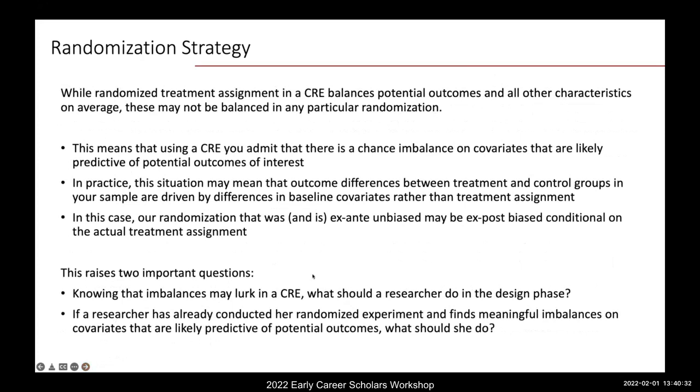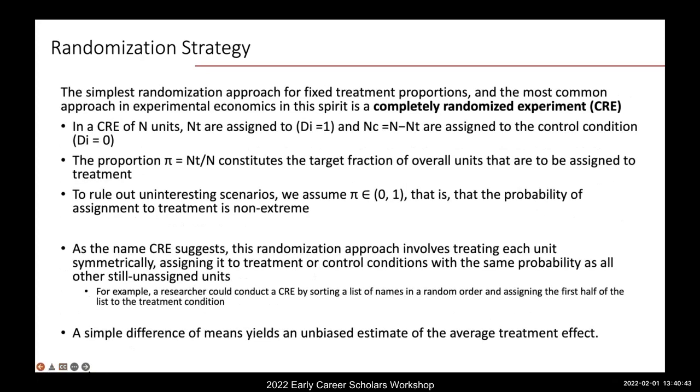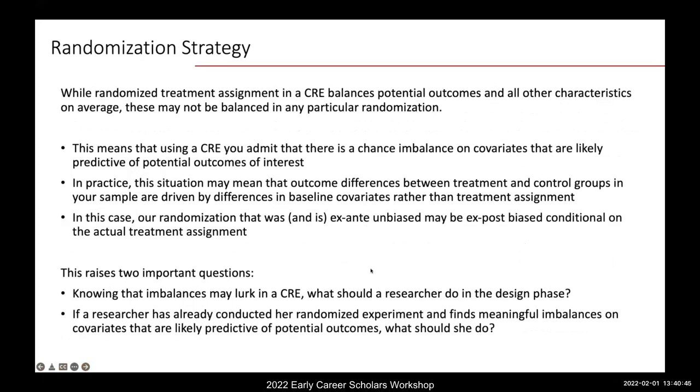Okay. So now, while the randomized treatment assignment in a completely randomized experiment balances out potential outcomes, so we have an unbiased estimate of the average treatment effect, all other characteristics may only be balanced on average, and may not be balanced in any particular randomization, okay?